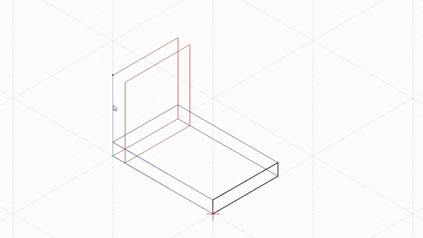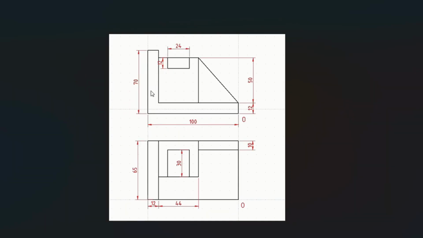This plane is 100 mm from the origin in the y direction, 70 mm in height, 65 mm in width, and this one is 12 mm separated along the y-axis. So it is representing this particular wall.